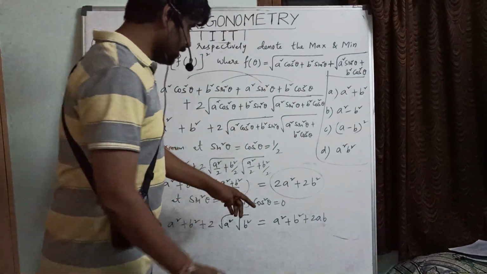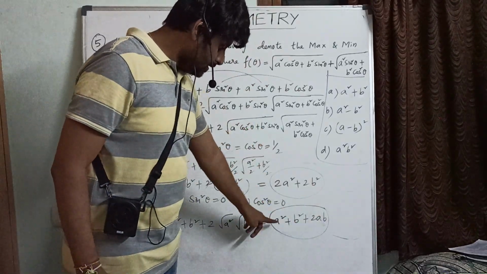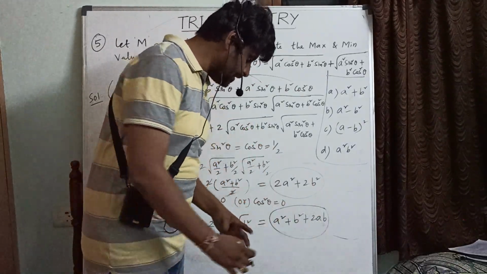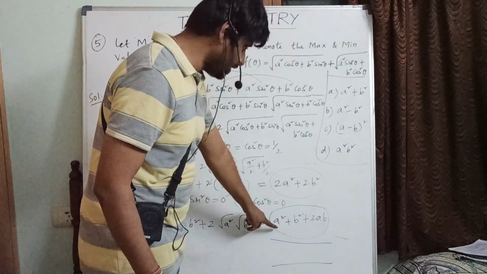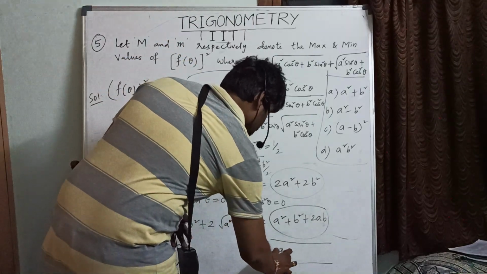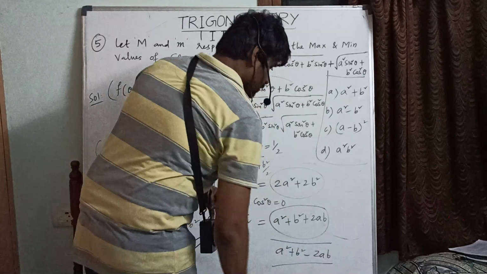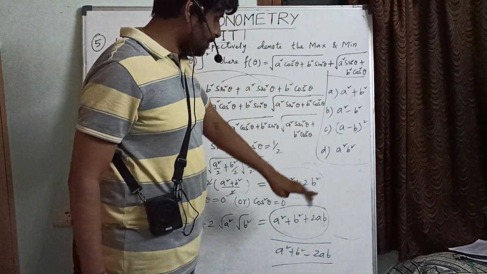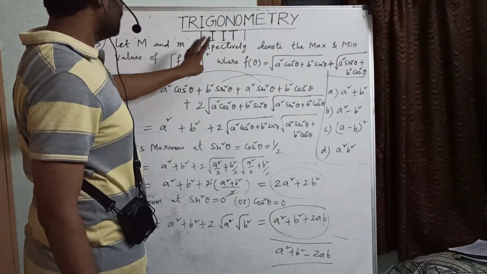Correct? Now if I subtract these, 2a square plus 2b square minus a square plus b square plus 2ab. If you subtract these, what will you get? 2a square minus a square plus b square minus 2ab. What is the result now? A minus b whole square. That is the result for M minus m.